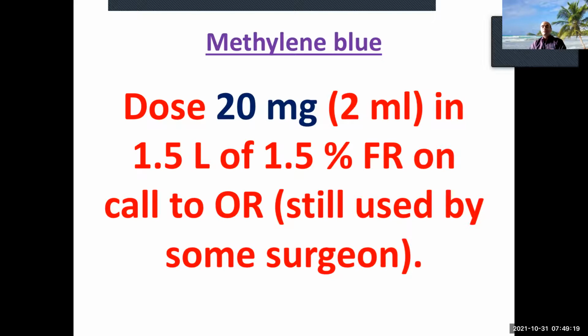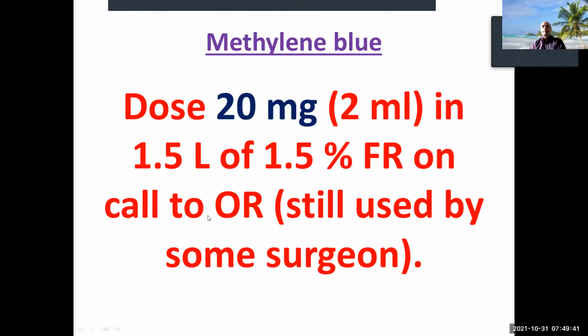Methylene blue, how the surgeon prescribes the dose: 20 milligrams. Don't forget, 20 milligrams equals 2 ml, and it will be mixed with 1.5% fluid regimen on call to the OR, before VATS. What does VATS mean? VATS is video-assisted thoracoscopy.